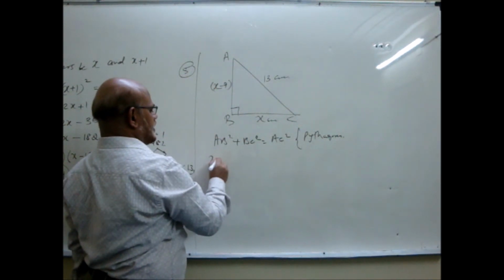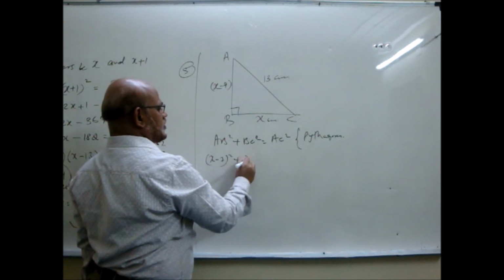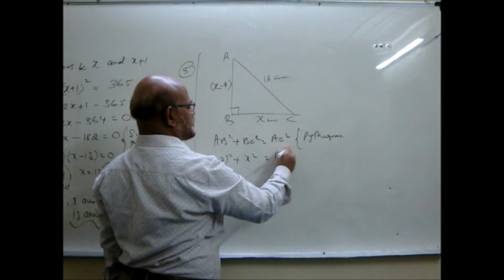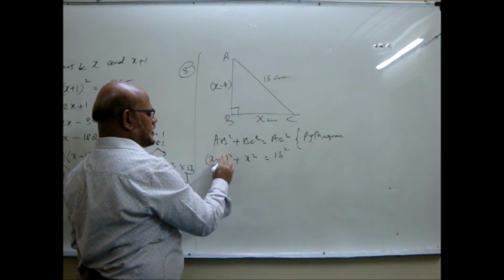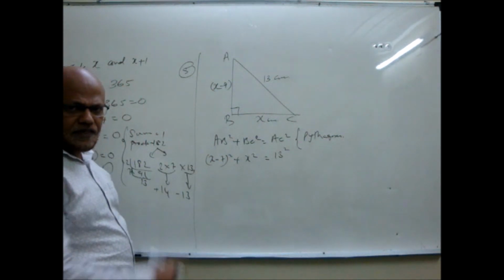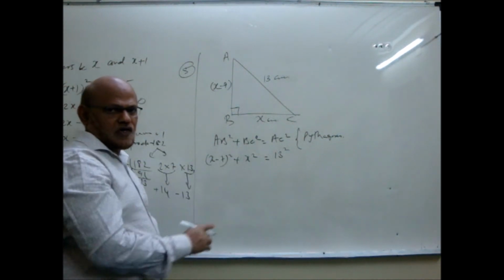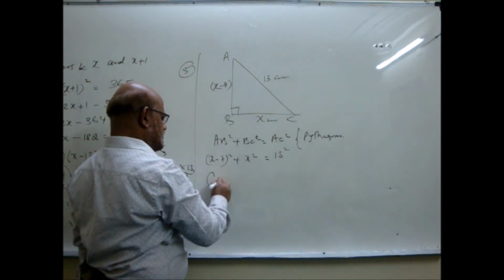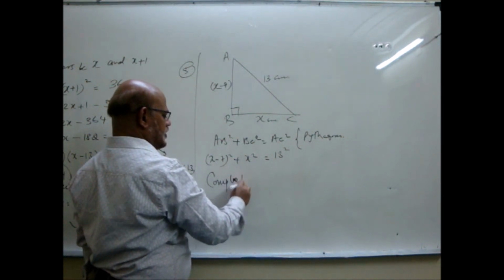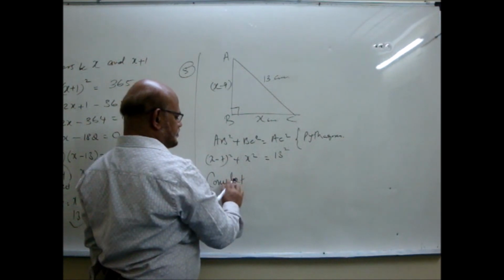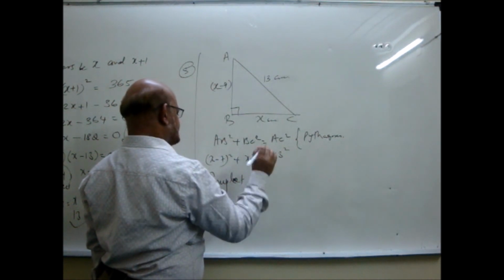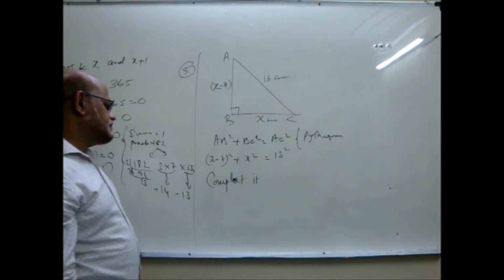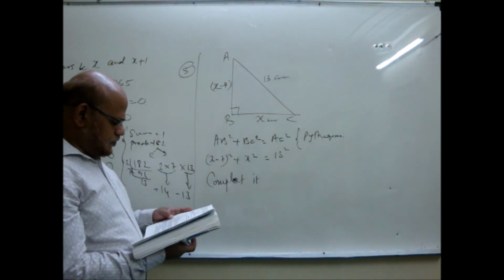So put here x minus 7 the whole square plus x square is 13 square. Now you can simplify further, expand it and make it quadratic, solve it. Okay, complete it by yourself. Okay, this much we have to do.